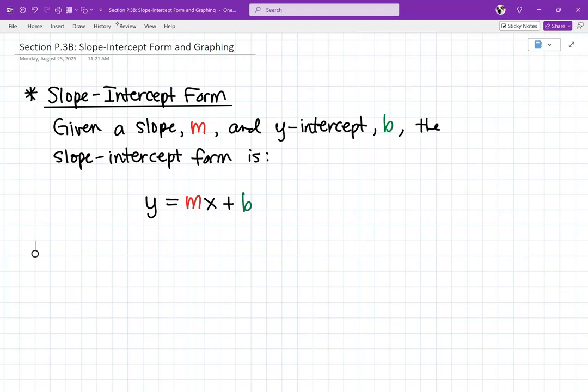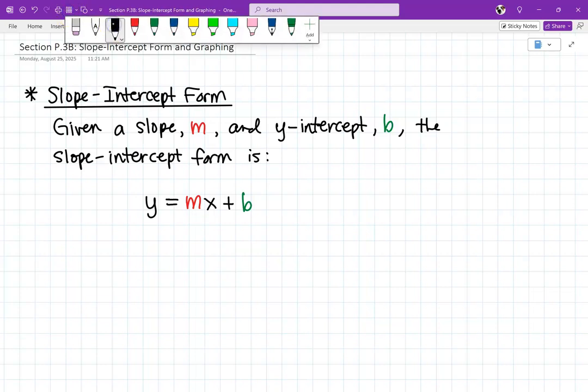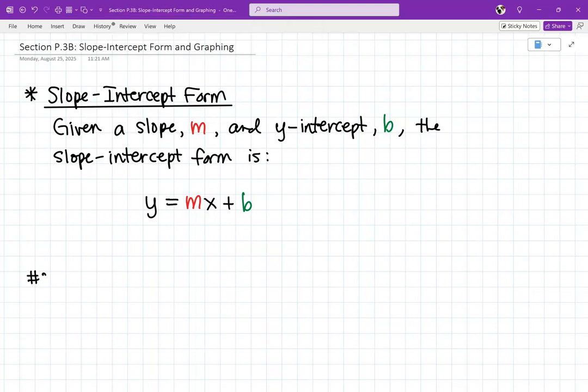So let's go ahead and do a couple of these questions. Let's start with number 2. It's going to say, write the slope-intercept form.